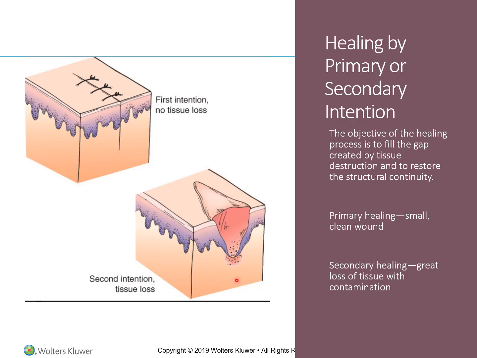So if a wound is contaminated with microbes, it's best to just leave it open and let it heal by secondary intention. And so it essentially heals from the bottom up. That way you don't trap microbes.